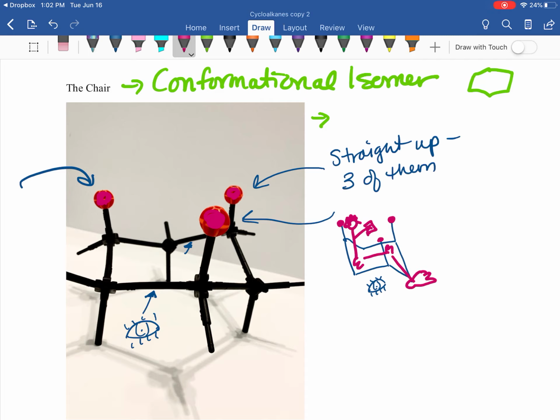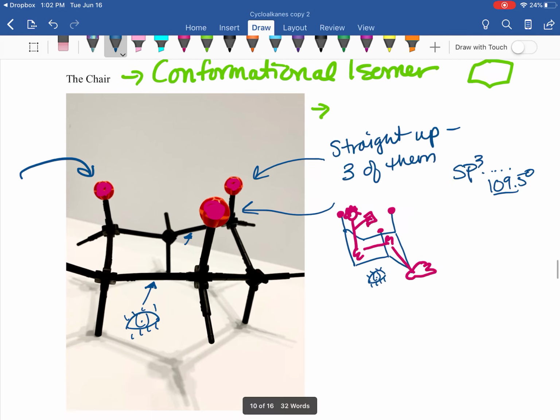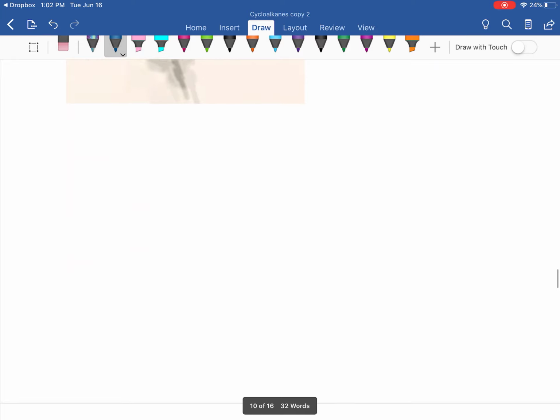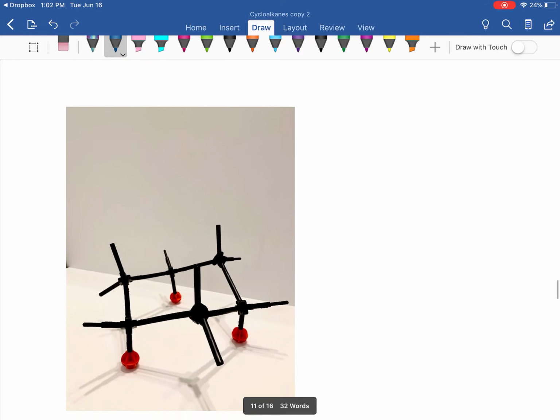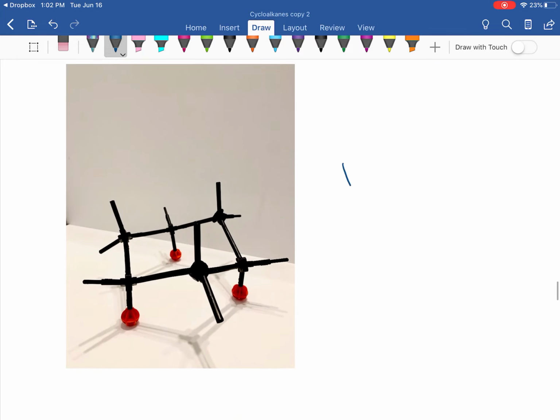So you've got 3 that are sticking straight up. And then remember, okay, so why is this torture? We are going to hit a perfect SP3. That's weirdo angles. That's why this is going to be a little bit challenging to draw for the first time. So we're going to start easy and draw the straight up. And then let's work our way down, and let's include the straight down.